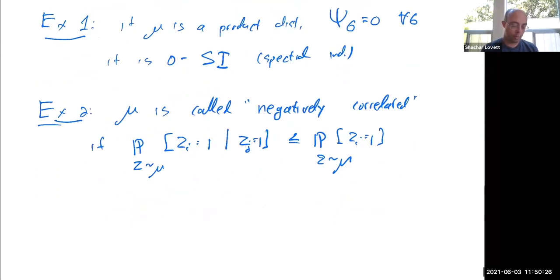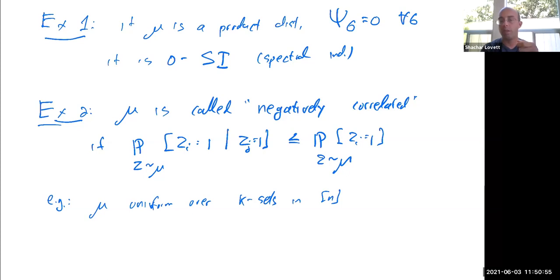For example, mu uniform over k-sets. If mu is just uniform over all sets of size k out of n, over the k 1s and n minus k 0s, then seeing a 1 makes another place slightly less likely to be 1.